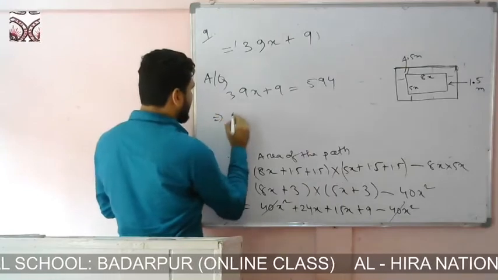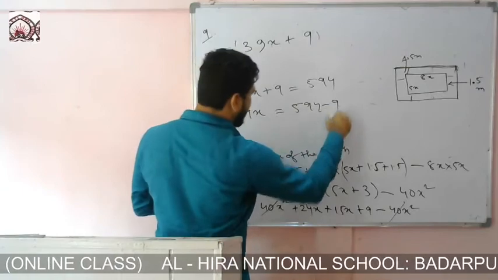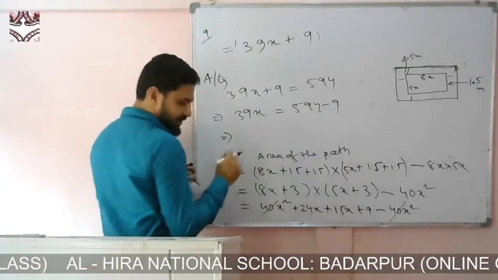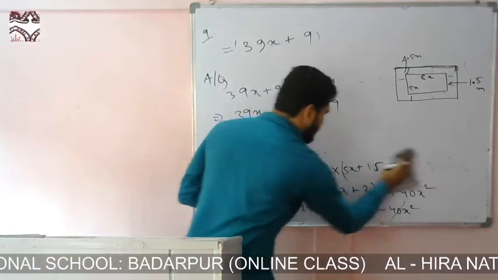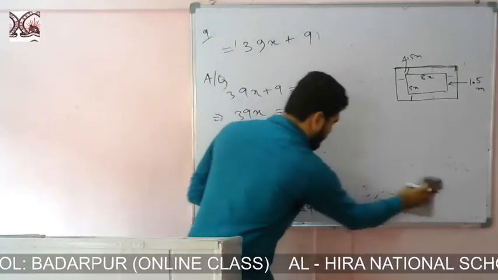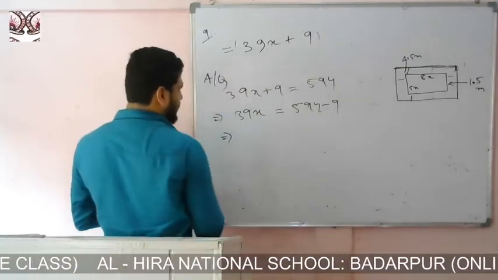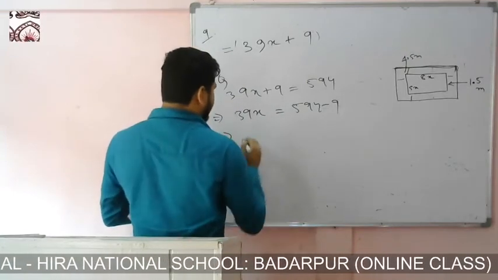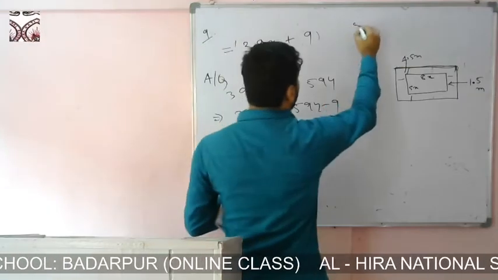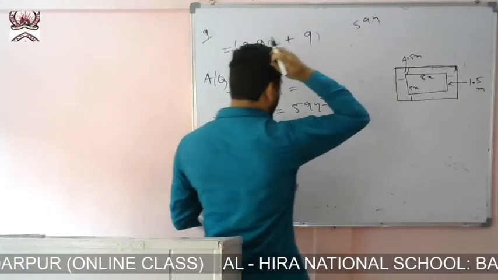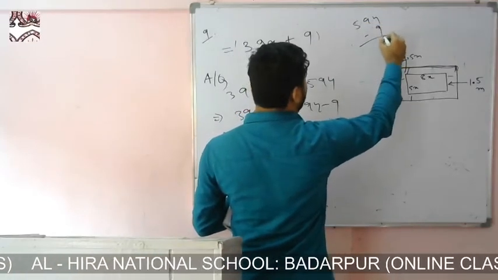So write 39x equals 594 minus 9. Then it will be like this. 39x will be 594 minus 9.